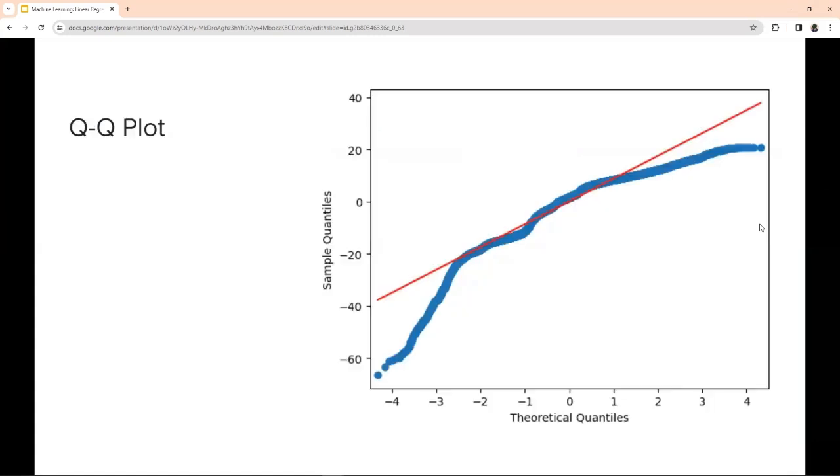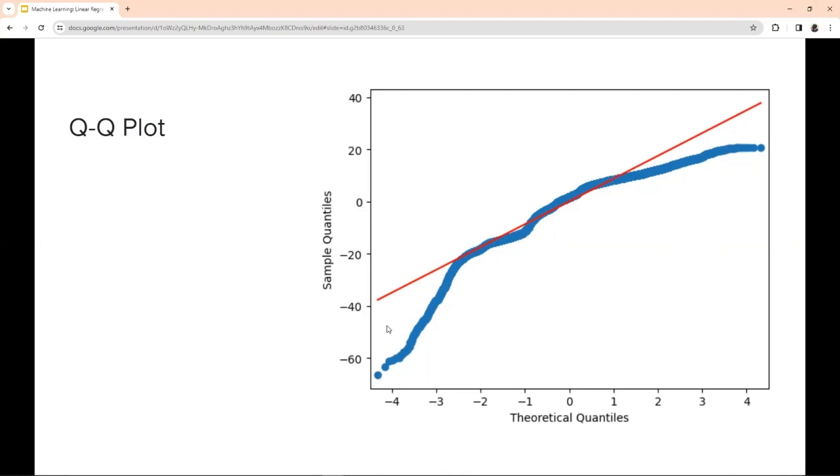Now this is another plot, the QQ quantile plot, which is used to check whether the regression residuals are normally distributed. If they were normally distributed, they would follow this line. But as you can see here, we have a deviation at both ends, letting us know that the errors are not normally distributed.